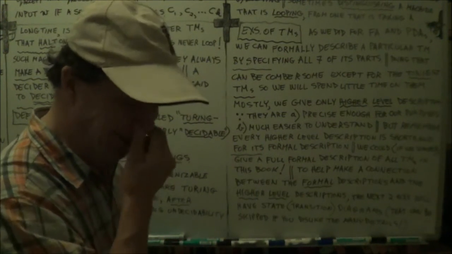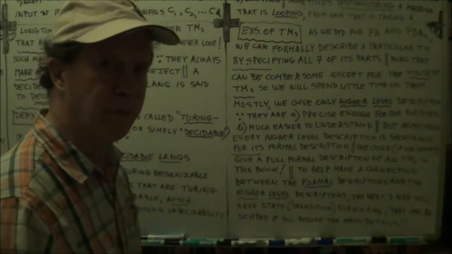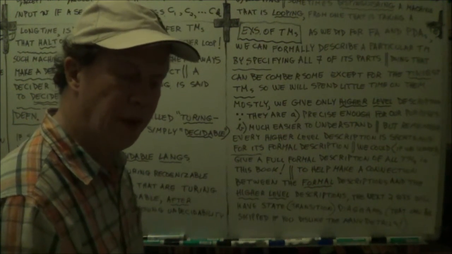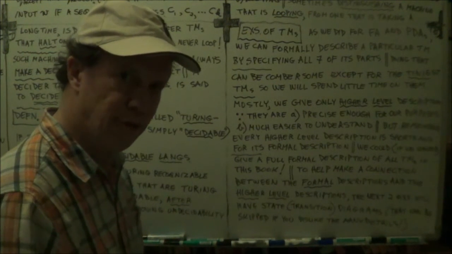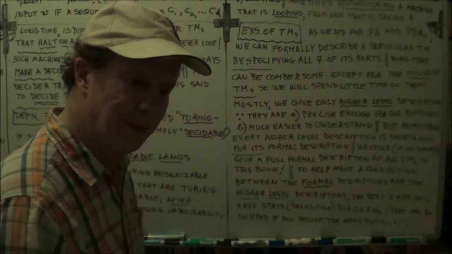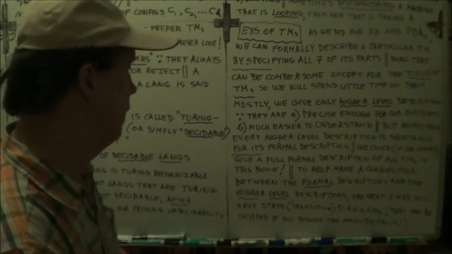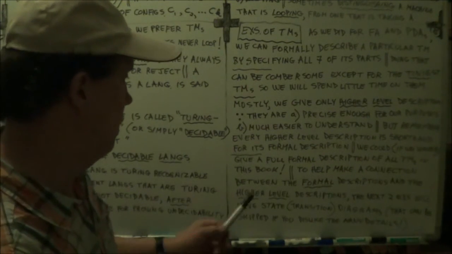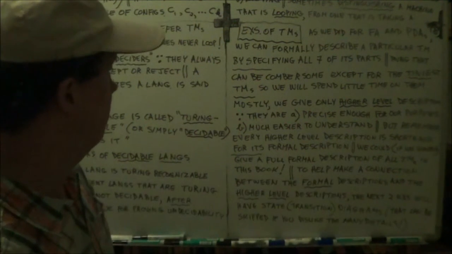It's all there. You can extract everything you want from that. You can create the formal description of a machine from its state transition diagram. Well, that's pretty well what I've just said.